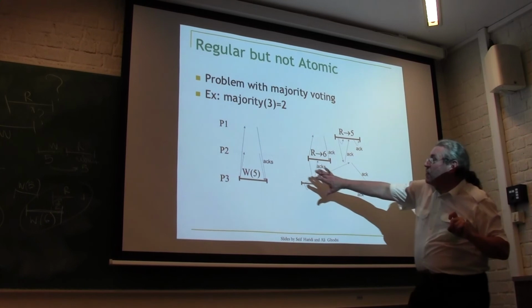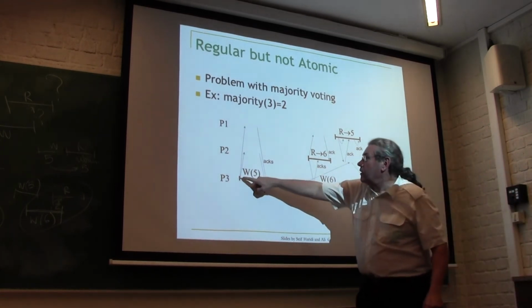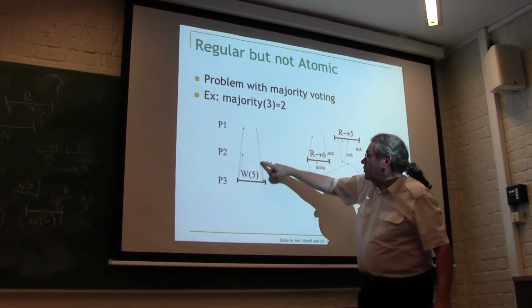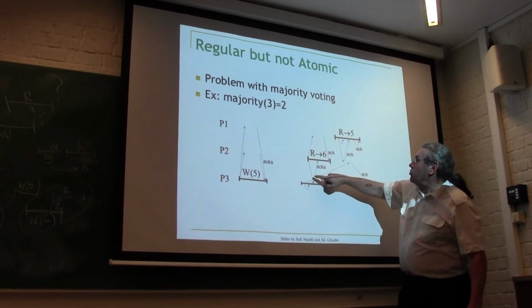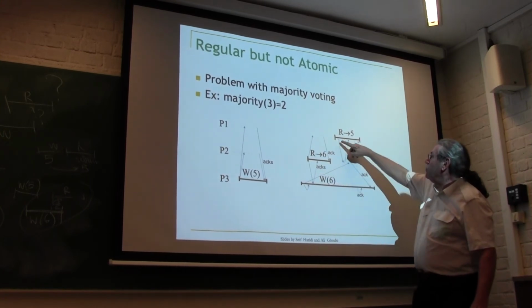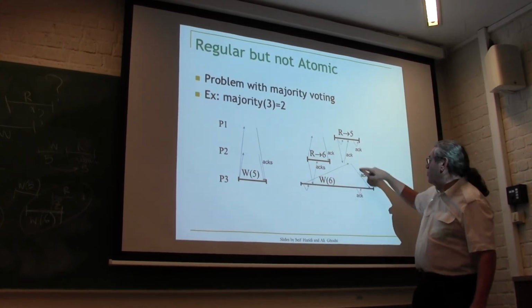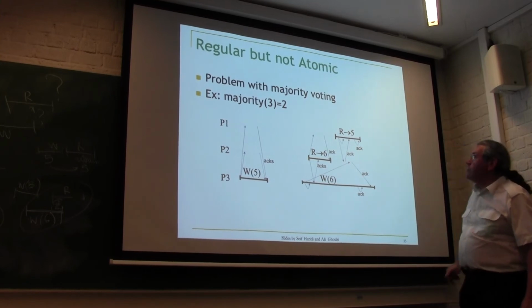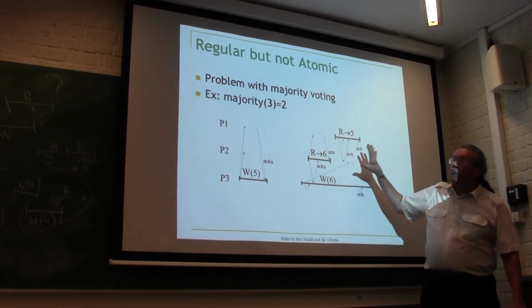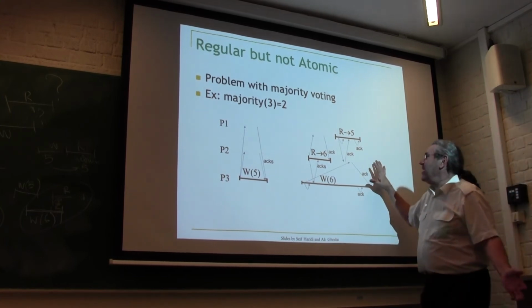So this is how the majority algorithm works for regular. You do a write to majority. You get acknowledgements from majority. Here you do a read, you get acknowledgements from majority. Here you do another read, you get acknowledgements from majority. And here a write, you get acknowledgements from majority. So this is a correct regular execution, but it's not linearizable.